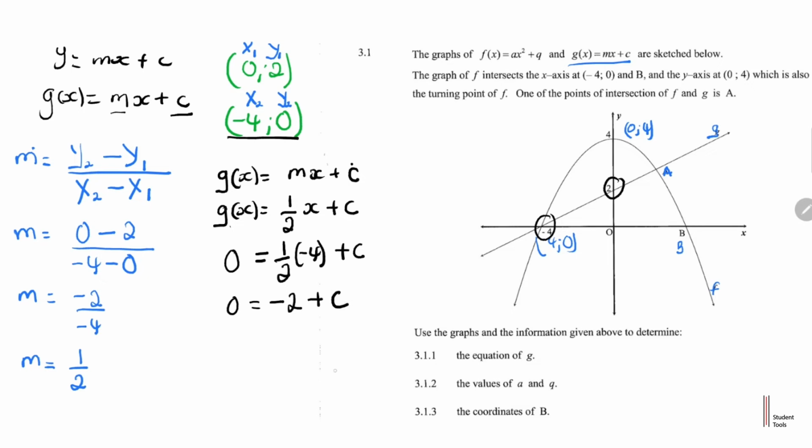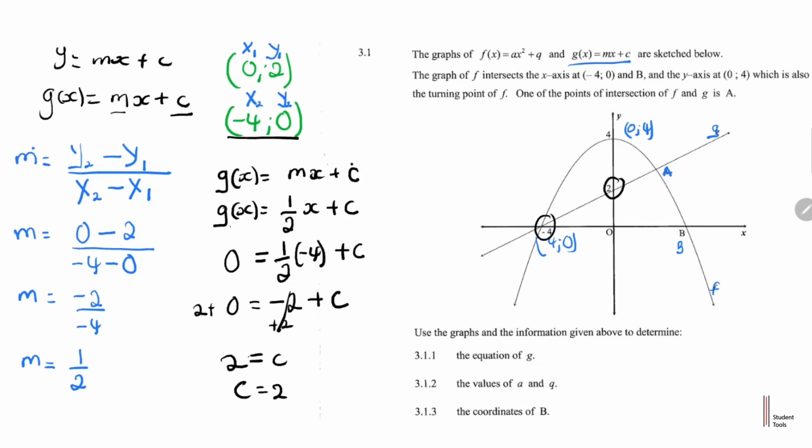So to make c the subject, we would have to take negative 2 from the right hand side to the left hand side by adding 2, and also add 2 here. So this will be 0, such that c will be equal to a positive 2. So we can write it like this. C will be equal to a positive 2.